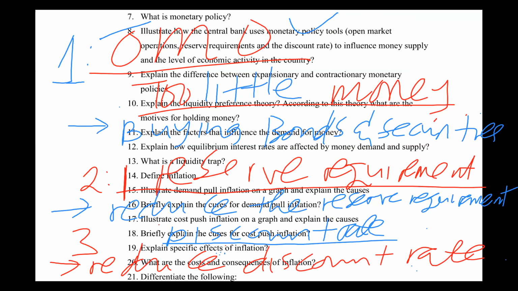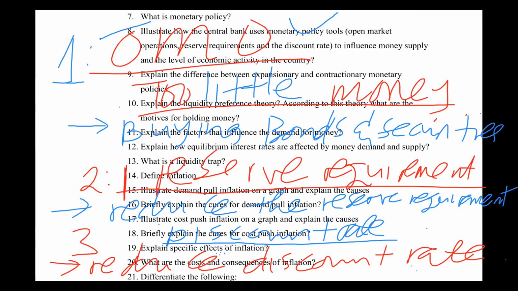Now, if they can easily get a loan from the central bank at cheaper cost, it means that the commercial banks will borrow a lot of money from the central bank. And when the commercial banks borrow money, they are going to use that money to do business. They are going to give out loans. So we will have a lot of money supplied in the economy. Is that clear?